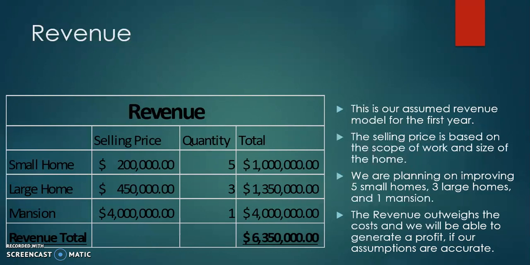And then the revenue outweighs the costs, and we will be able to generate a profit if our assumptions are accurate. So here you can see our total revenue would be $6,350,000, which is quite a bit, but there's a lot of work included. But this is a very profitable industry.